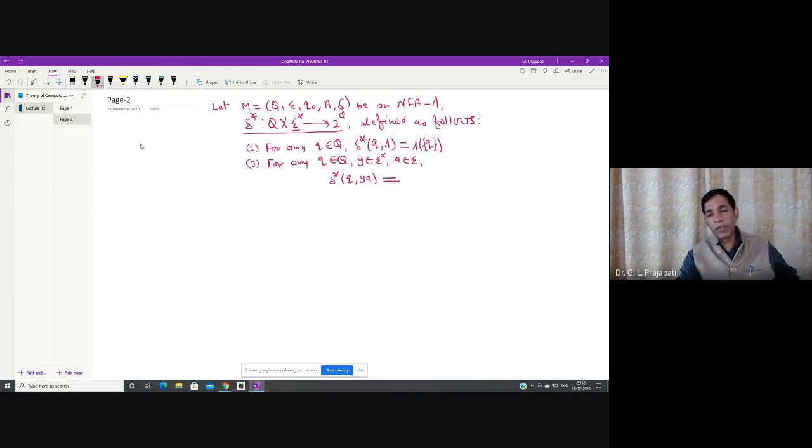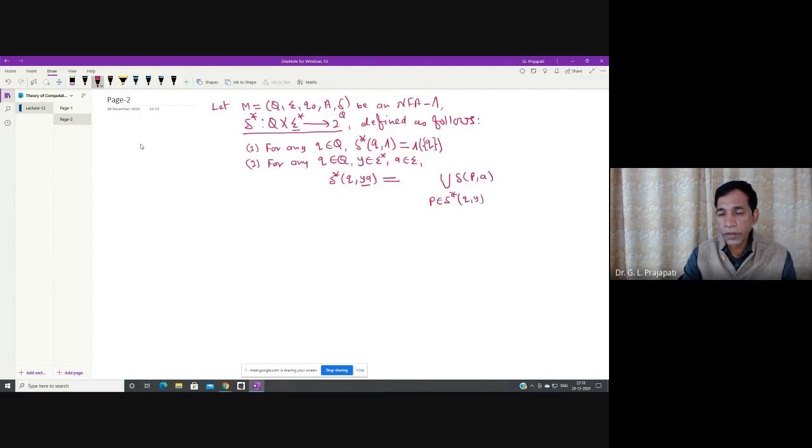So ya is the bigger string you have. How can you define it in the case of the NFA? It is equal to the union of the transitions from the state P on taking the input a, where P belongs to delta star(Q, y).